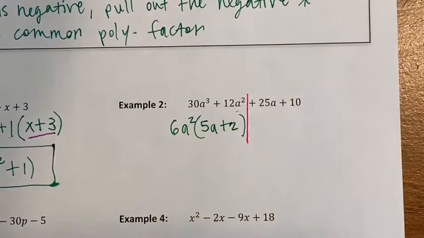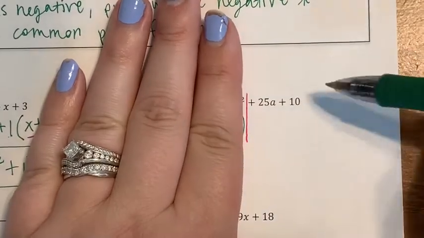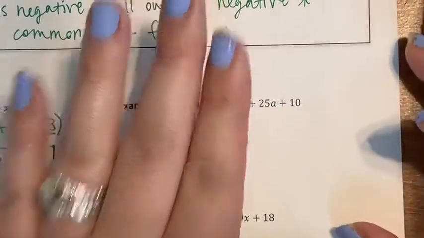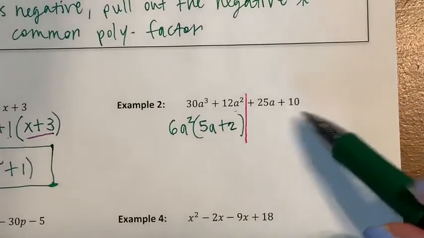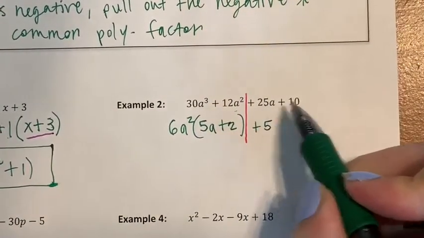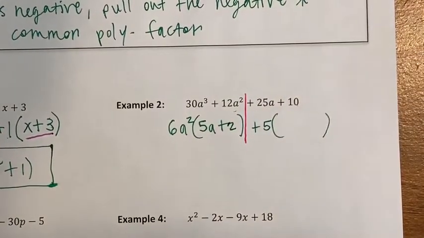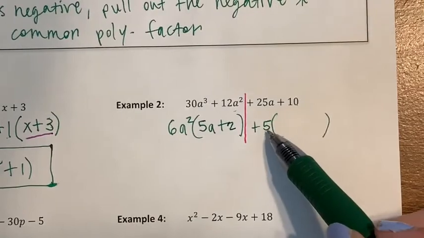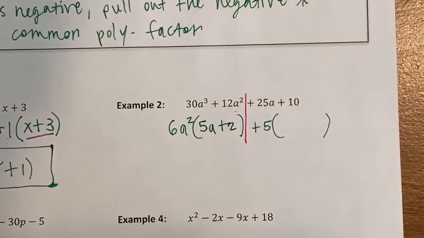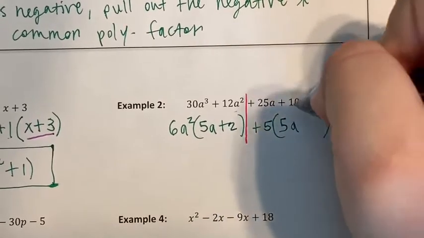So now we can ignore the first half, go on to our second chunk here, and I want to pull out the biggest number and variable that I can. And I can tell the number 5 goes into both 25 and 10. So my GCF there will be 5. And think of backwards distribution. 5 times what gives me 25a? That would be 5a. 5 times what gives me 10?